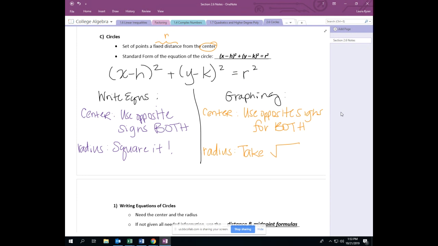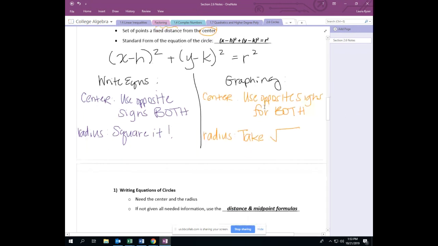And if it's something like 3.7, we just go, a little bit less than 4 or a little bit more than 3.5, whatever the case is. But we just need to make sure that we're estimating appropriately when it is not a perfect square. When it is a perfect square, we're just going to count, so it'll be fine. So those are the two things that we are going to do with circles: write equations and graph equations.